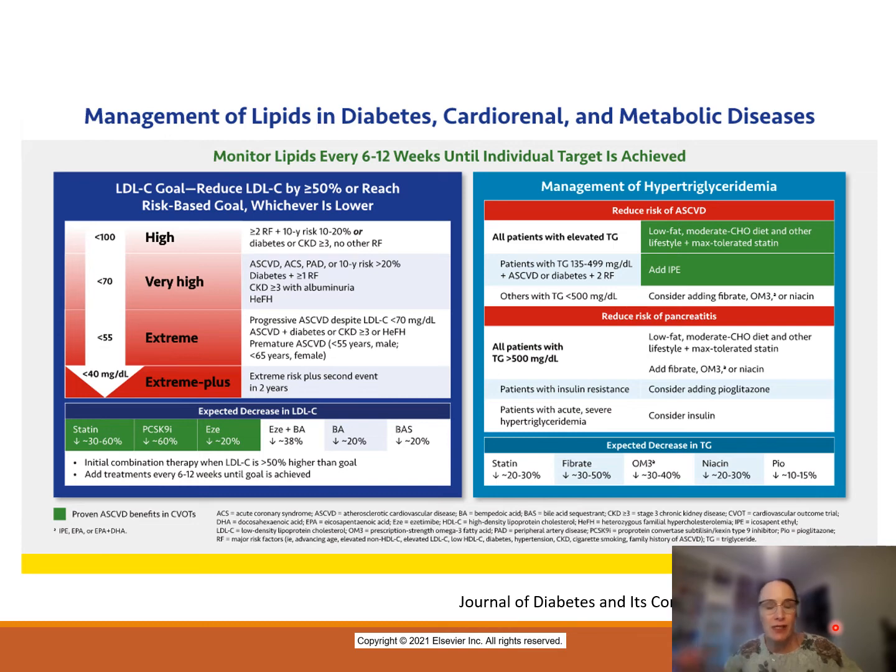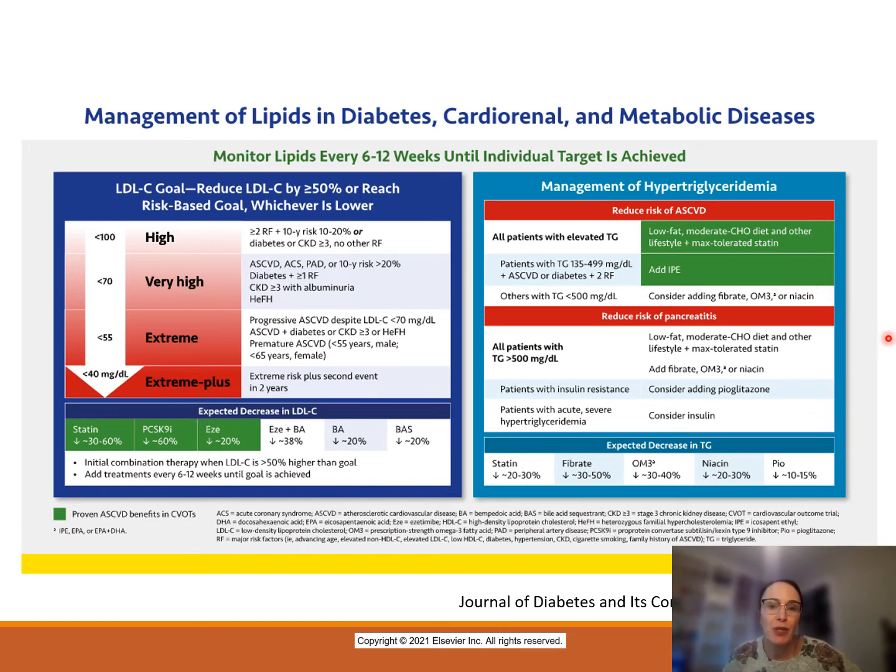There was a big clinical trial called REDUCE-IT, and adding 4 grams of this daily resulted in a 25% reduction in cardiovascular risk events beyond statins. So when you've got somebody with elevated triglycerides, and typically we think of anybody with triglycerides of 150 or above, consider adding some of this fish oil.